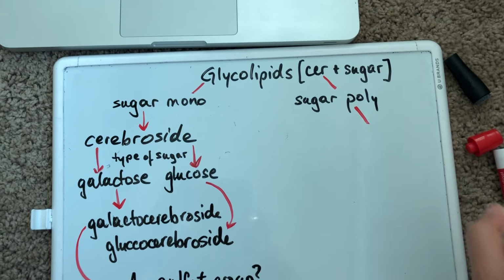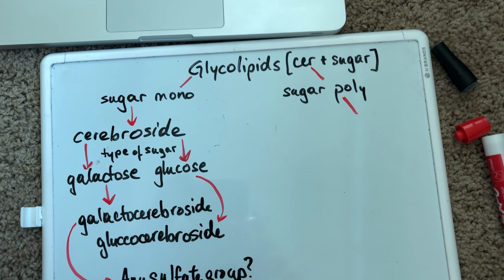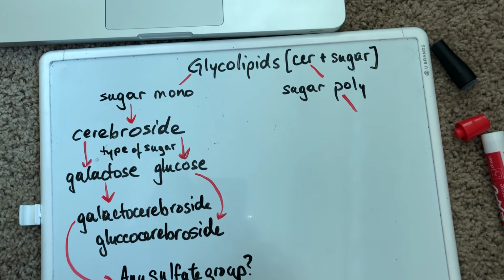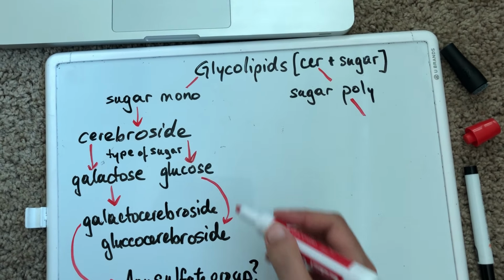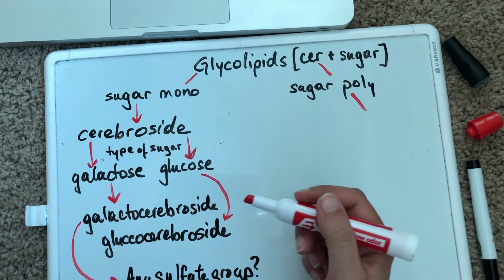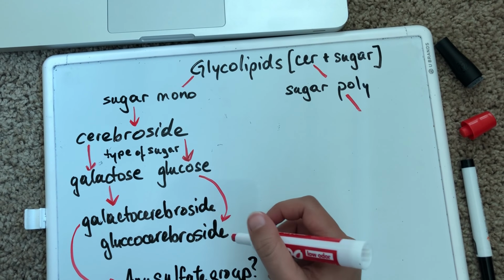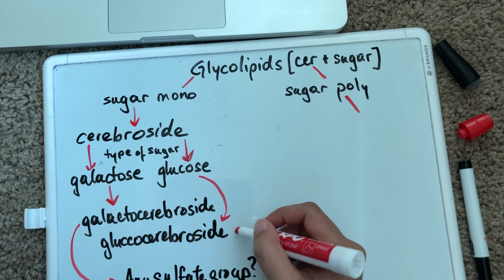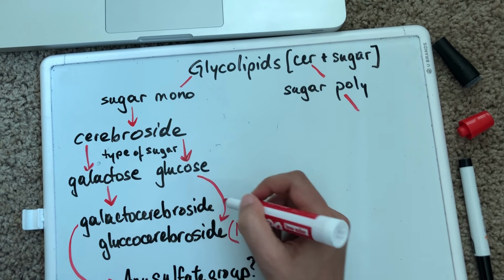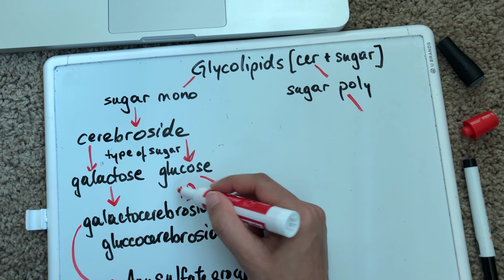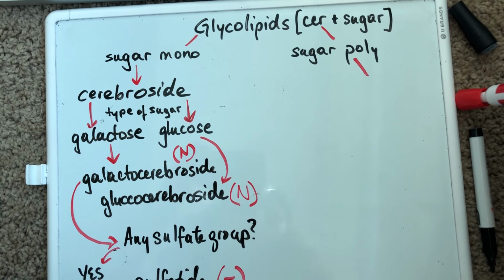If the answer is yes, then it's going to be called a sulfatide. And this is going to have a negative charge, whereas our galactocerebrosides and glucocerebrosides without the sulfate group are going to be neutral. And this one is going to be neutral too. I'm referring to physiological pH.